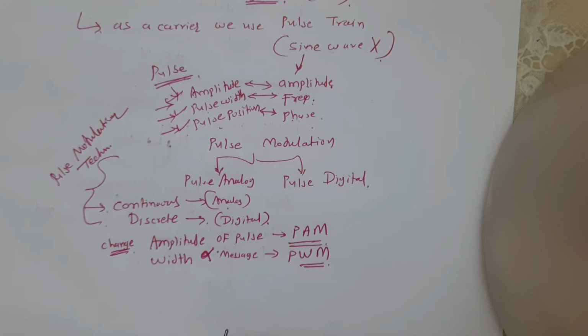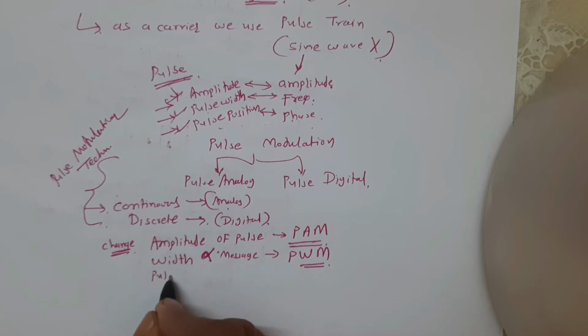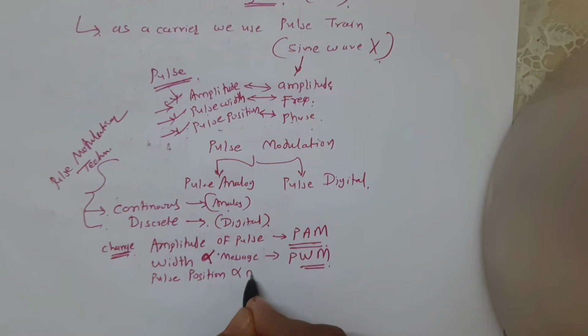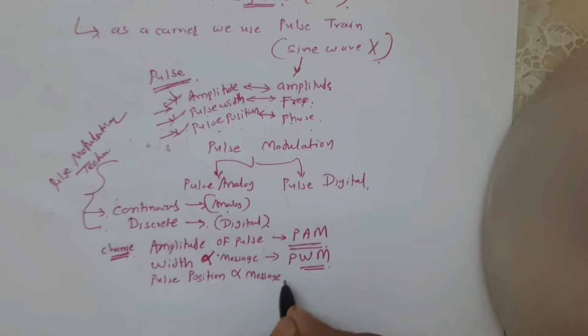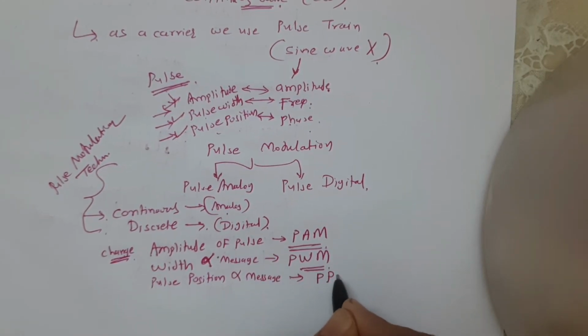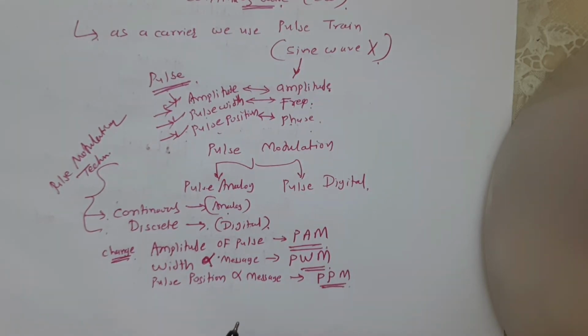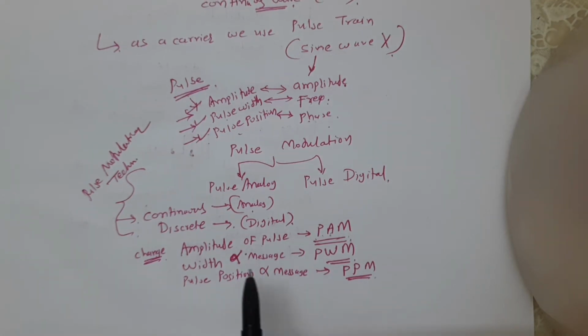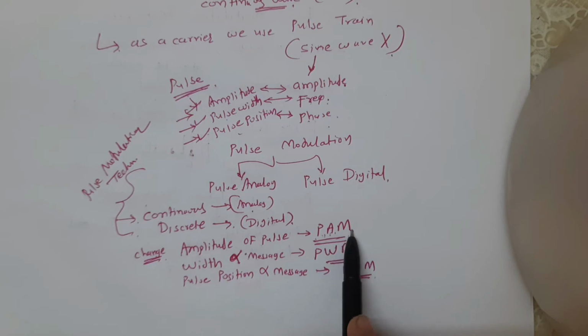Similarly, if the pulse position is directly proportional to the message, then it is known as pulse position modulation, PPM. Hence, we are getting pulse amplitude modulation, pulse width modulation, and pulse position modulation.